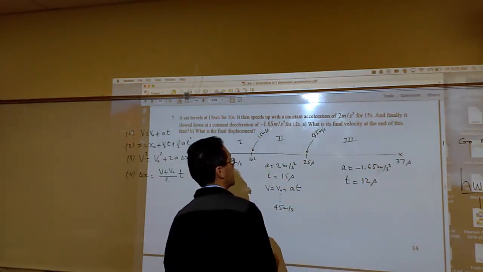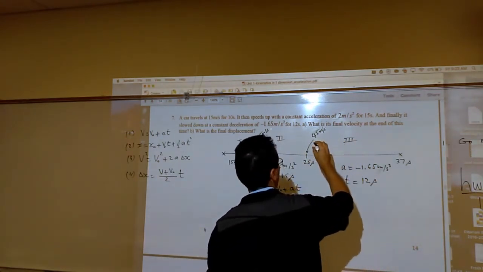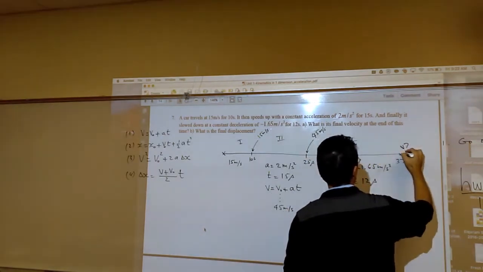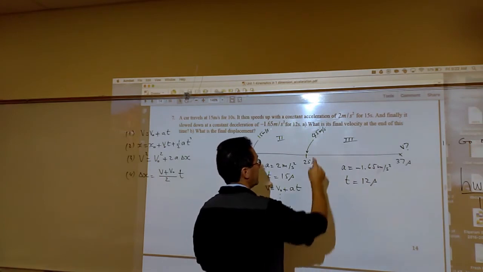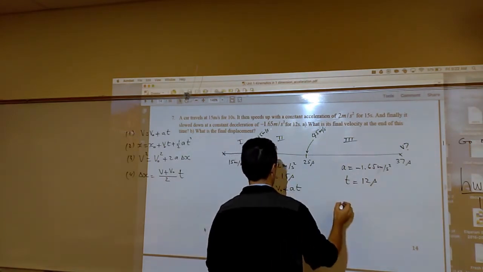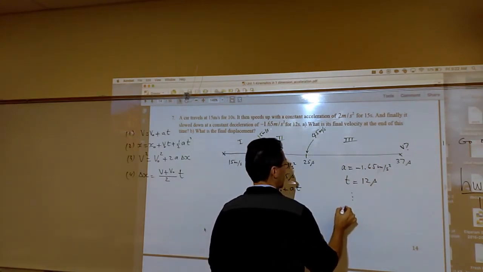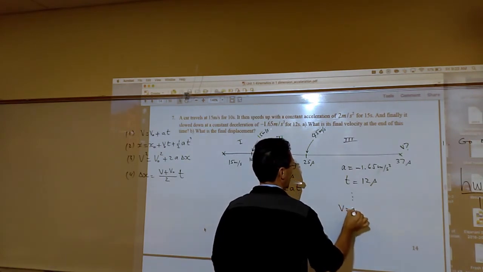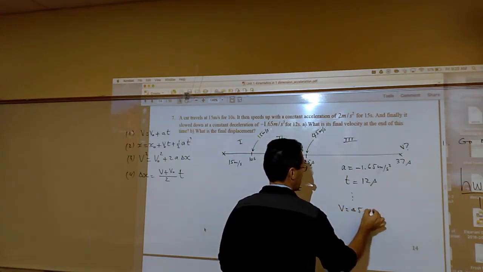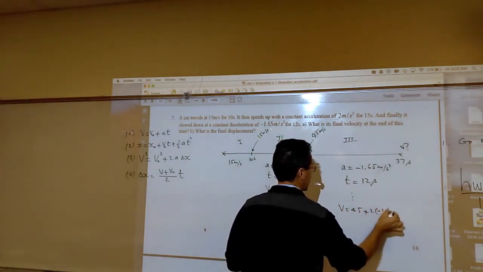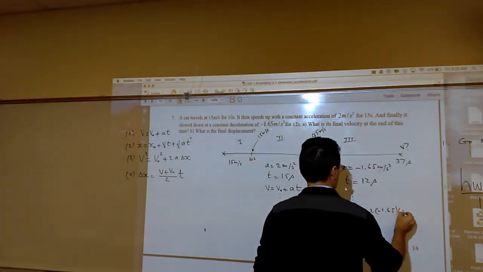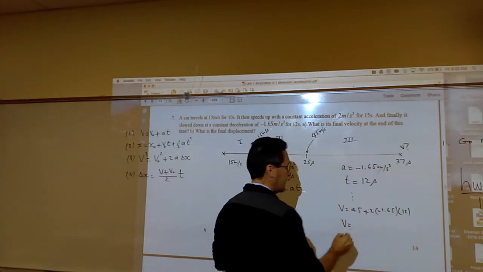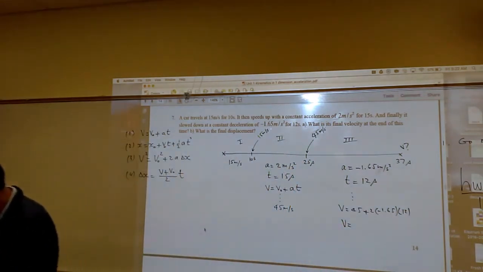And we're trying to find the velocity here. I would use the same equation, except the initial now is 45, so I would do the same thing, and you would get v equals 45 plus negative 1.65 times 12 seconds. And you should get an answer of, let me cheat here.